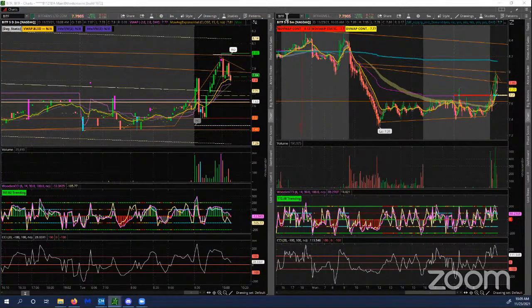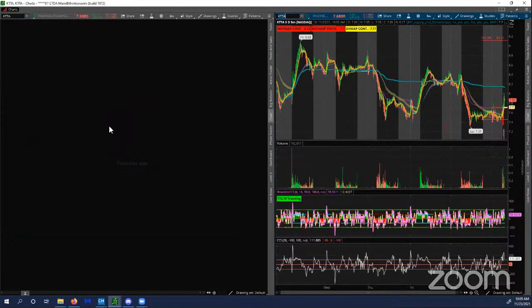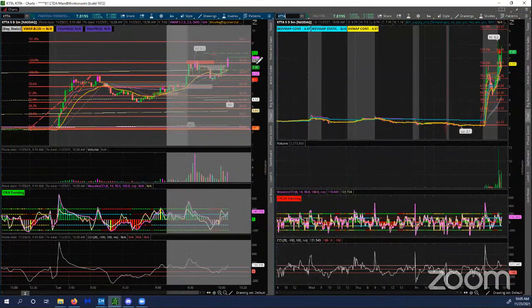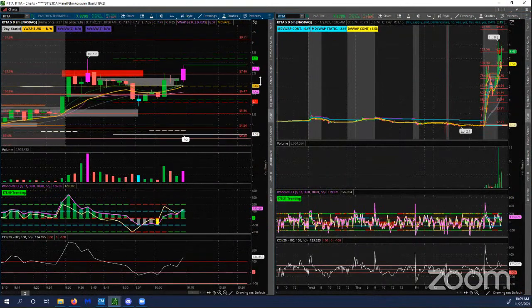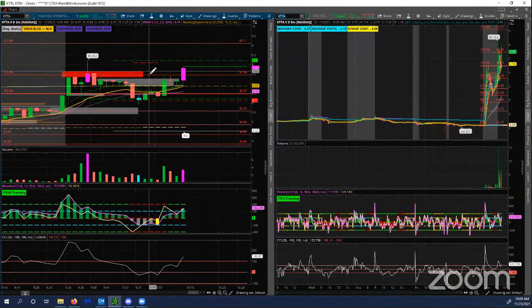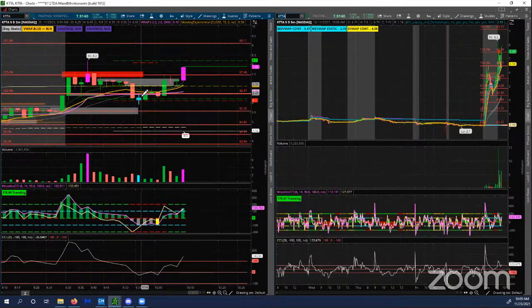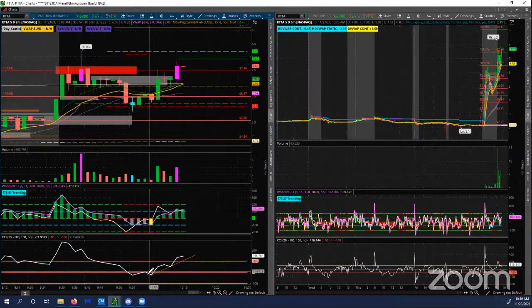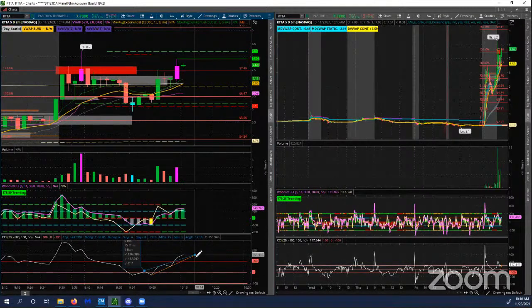Nice. Yeah, you can draw your trend lines on this KTTA, connect those.